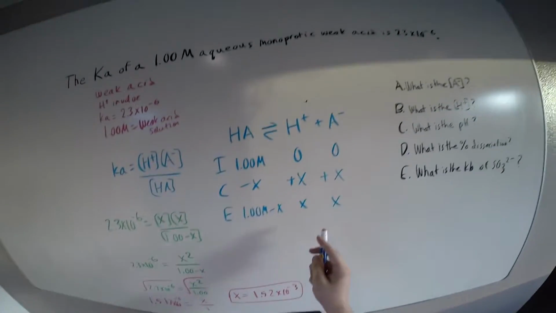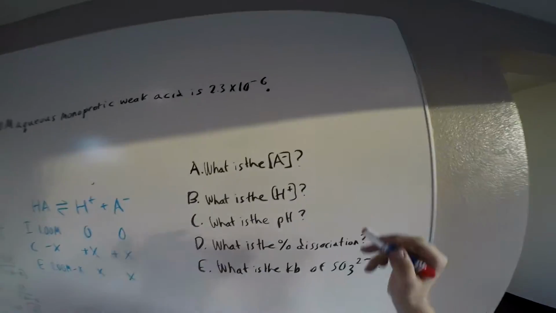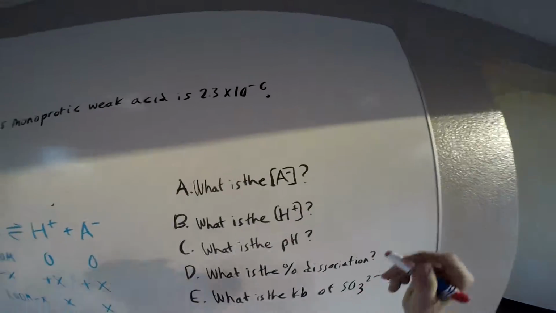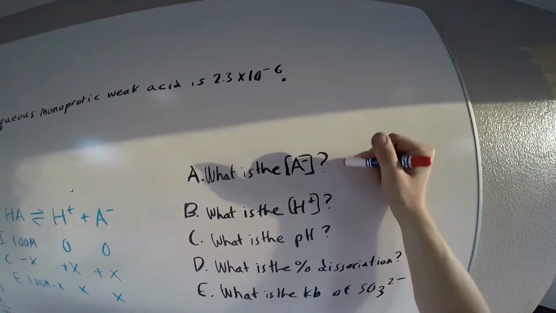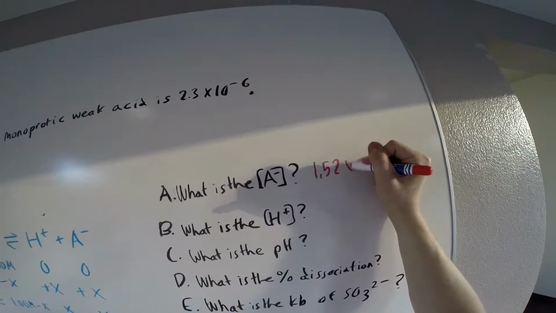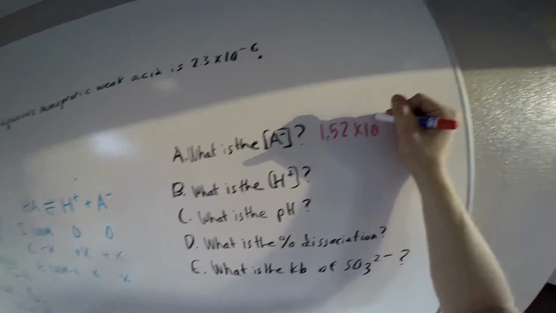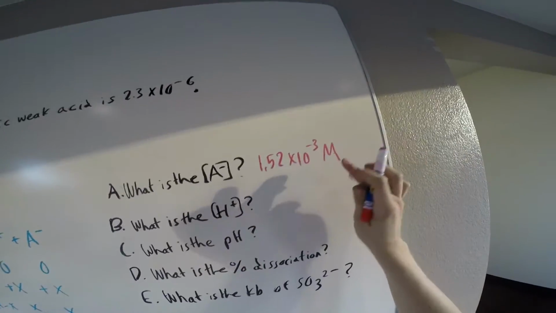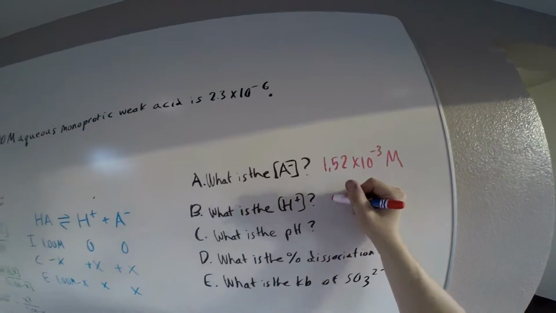So plugging this back into here, remember that this is concentration. We're plugging it back into the concentration of the A minus. So our concentration is equal to 1.52 times 10 to the negative 3rd, and it's in molarity. Don't forget your units.